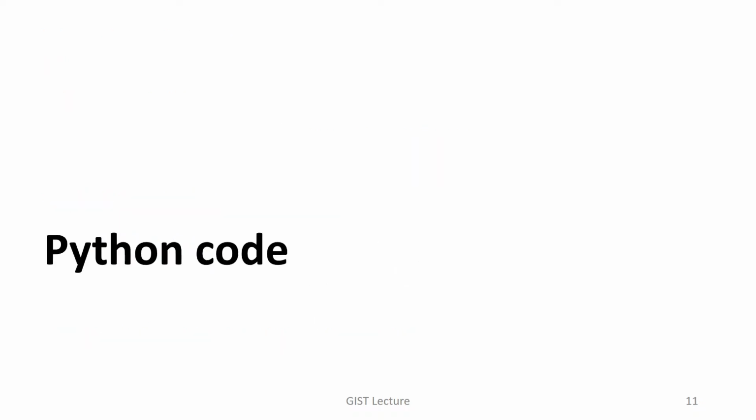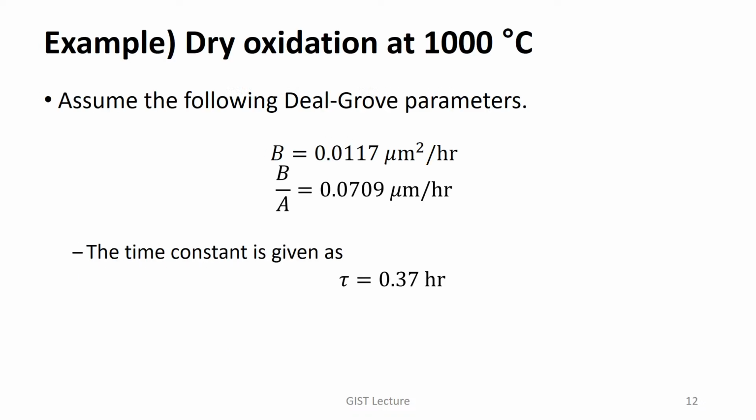So let me give you a simple example. Now think about dry oxidation at 1000 degrees Celsius. This is quite a typical case, and in this case the Deal-Grove parameters B and B over A are given this way.